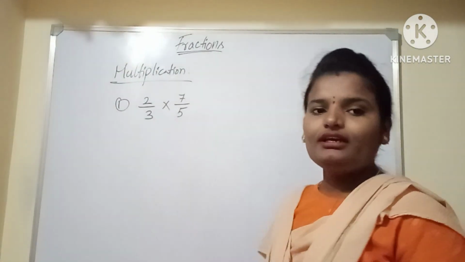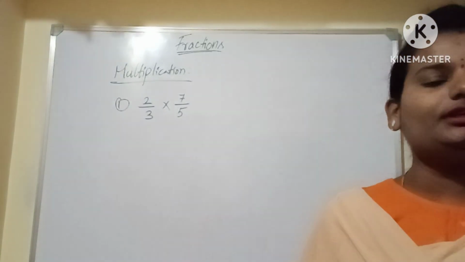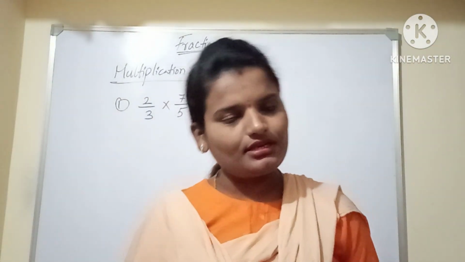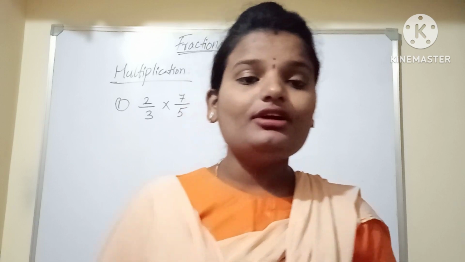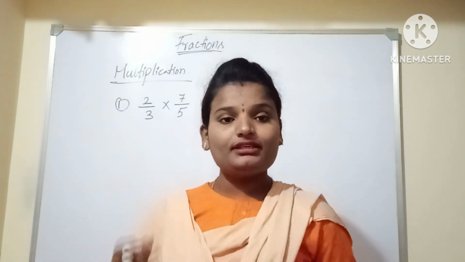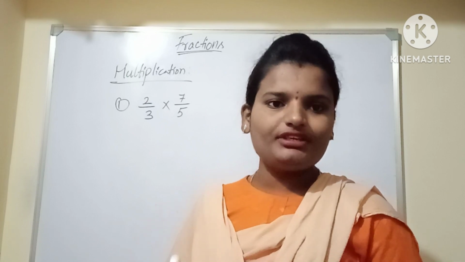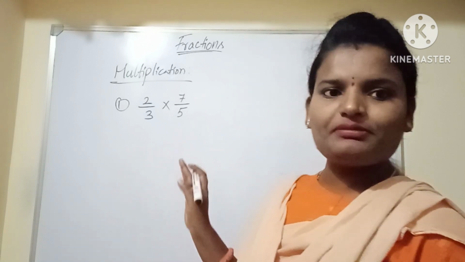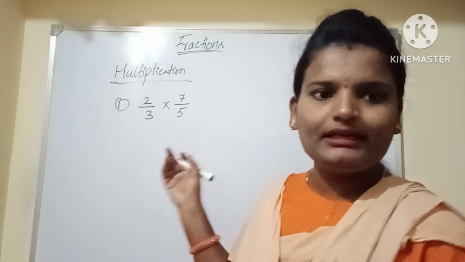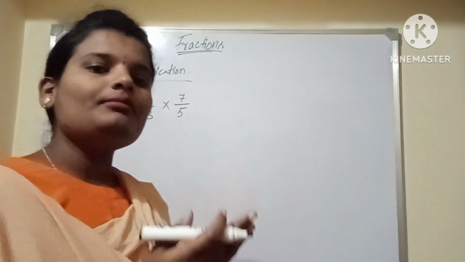Here how to multiply? No need to think about whether they are like or unlike. For addition and for subtraction of unlike fractions we did cross multiplication. Here no need to do cross multiplication. Directly we have to multiply numerator into numerator, denominator into denominator.